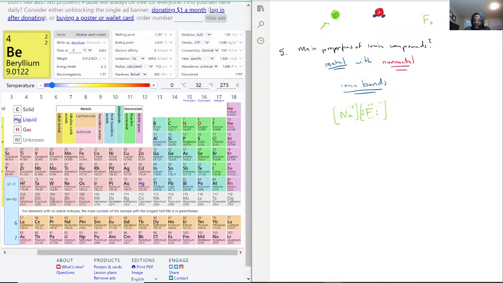You have just literally a positive side and a negative side, because the sodium has literally given its electron away. It's not like they're sharing it or anything. The fluorine has just taken it. So this is the type of bond that ionic forms. Now, with that being said, ionic bonds are the hardest type of bonds to break.